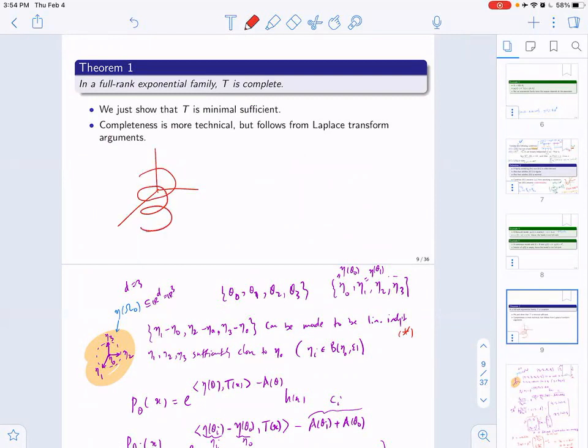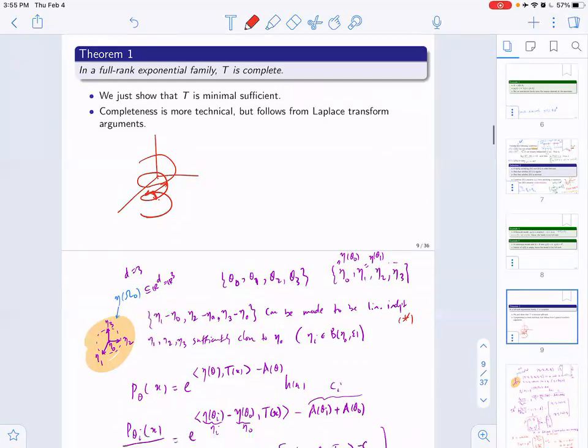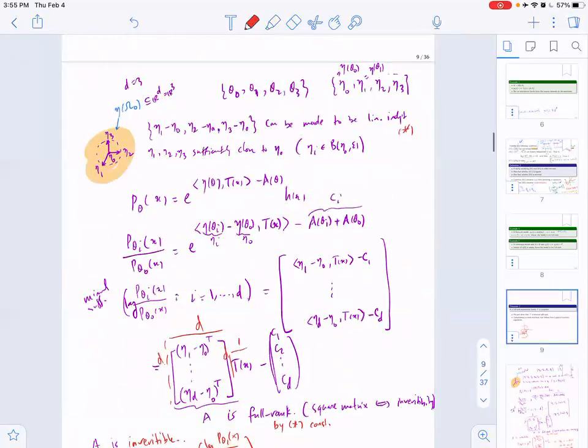If I can find a point such that I can construct this sort of system, as long as I have one point in my parameter space and these endpoints such that this is three-dimensional, like it's linearly independent basically, then this argument goes through, right?